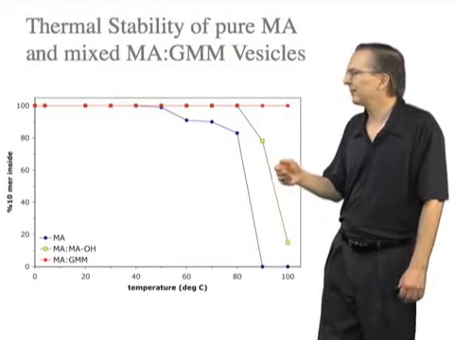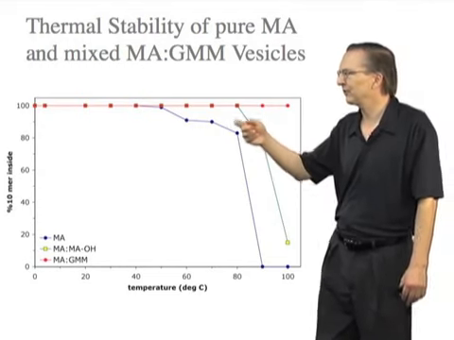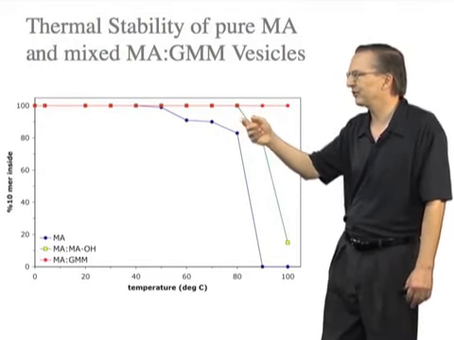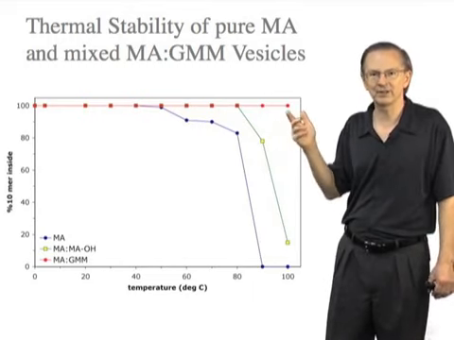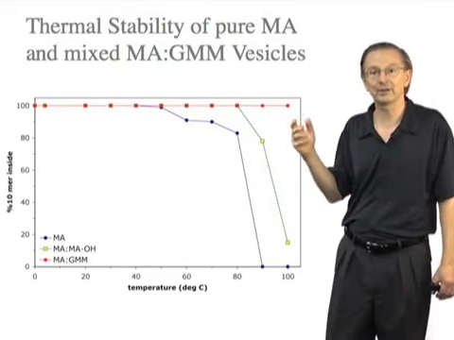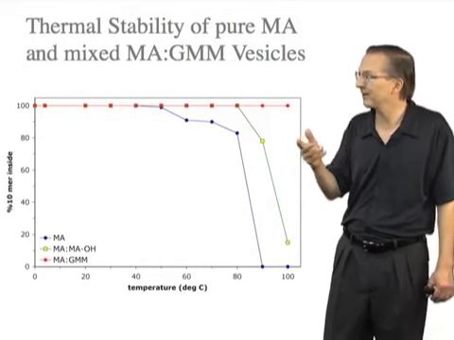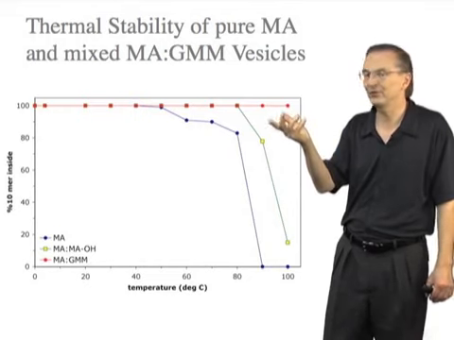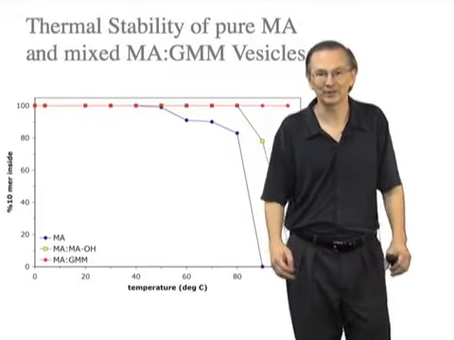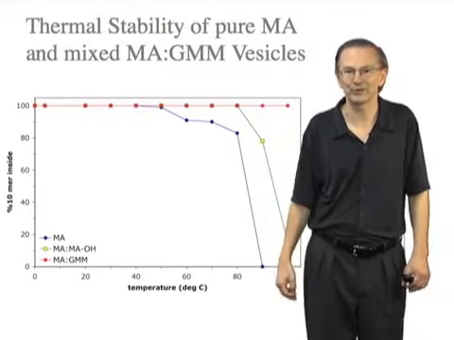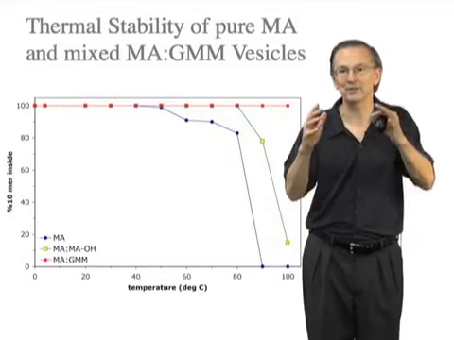Now, if you add some of the corresponding alcohol, you can see significant stabilization. But the most dramatic effect is when you add a fraction of the glycerol ester of that fatty acid. And now you can essentially boil these vesicles for an hour, and none of the contents leak out. At least these oligonucleotide contents are trapped inside.